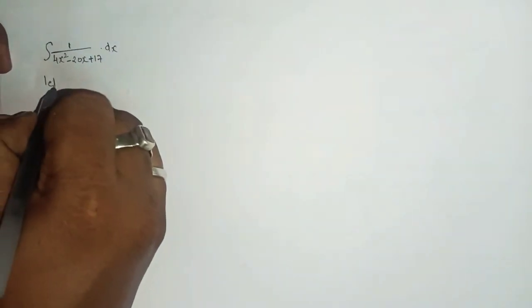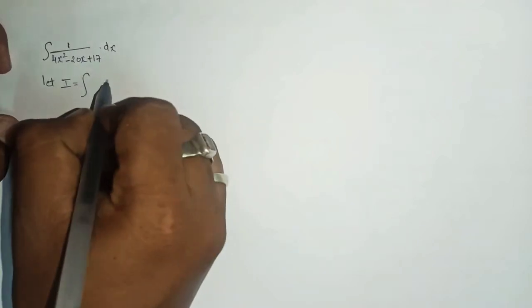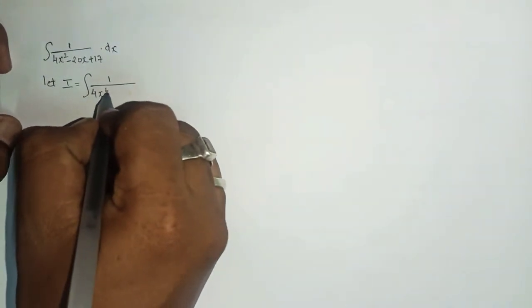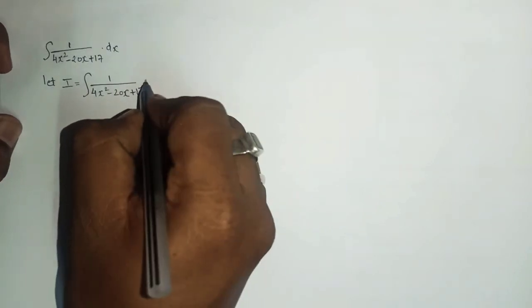So the first step, you will write, let I be the integral, that is, integral of 1 upon 4x square minus 20x plus 17 into dx.